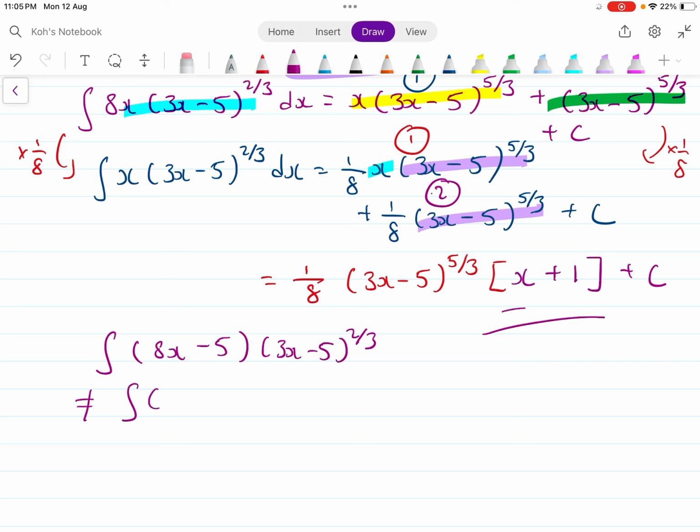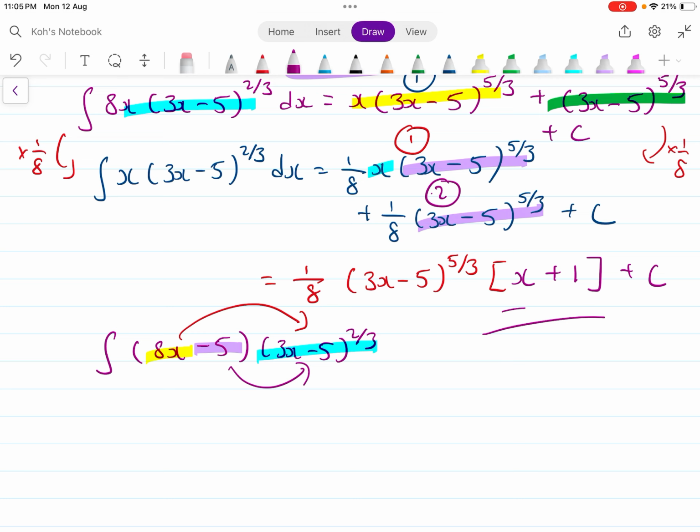I cannot just put it like that, the integral of (8x − 5) dx plus the integral of (3x − 5)^(2/3) dx. This one is not allowed. What you want to do is, you must first expand. Do the expansion, meaning this thing you expand with the whole of the bracket, and last but not least, this thing you expand with the whole of the bracket.